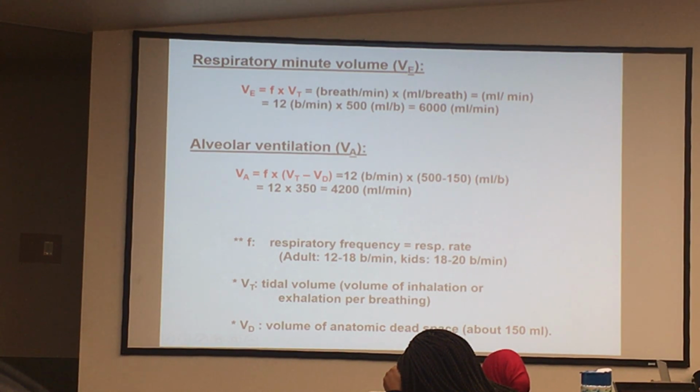That means all the trachea, bronchioles, and nasal cavity, about 150. So that is the more accurate volume reaching the alveoli. You have 12 breaths every minute, times 350, and only 4,200 reaches the alveoli.